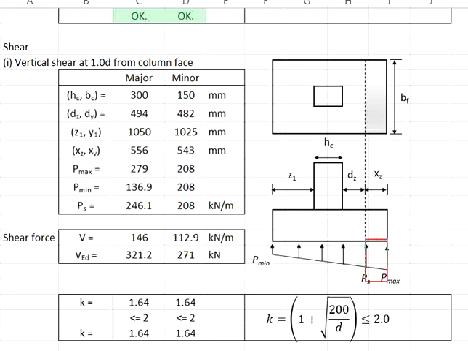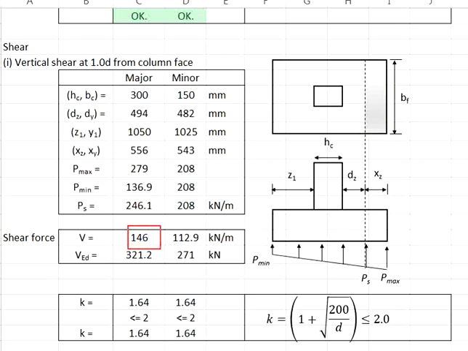The area of the stress here will give you the plane shear force, which is in the units of kilonewton per meter width. You will need to convert this plane shear force into the total shear force acting at this region. You are talking about this plane, multiply by the width.